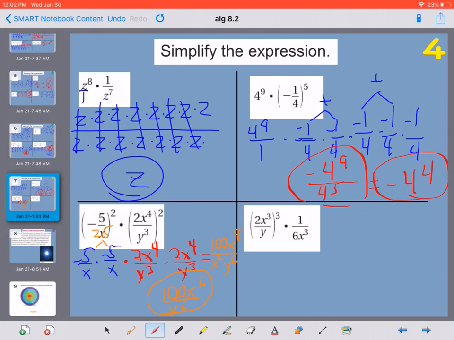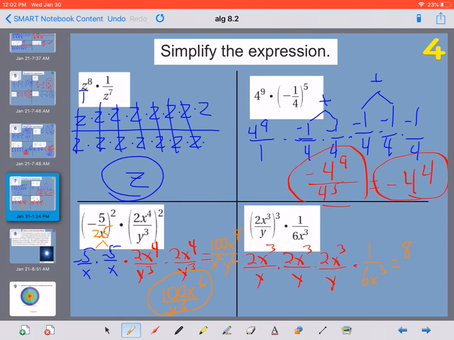Alright, last one. We have 3 of these, so 2x cubed over y times 2x cubed over y times 2x cubed over y times 1 over 6x cubed. So on the top we have 2 times 2 times 2, which is 8.